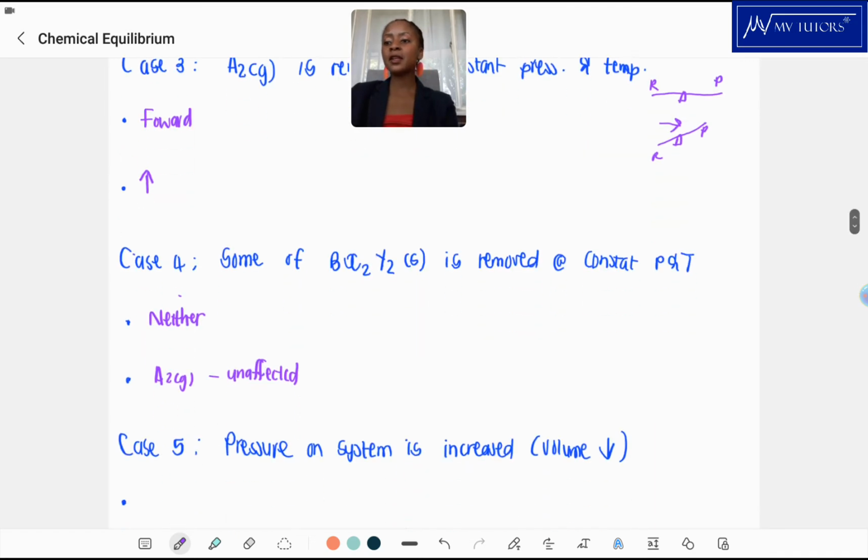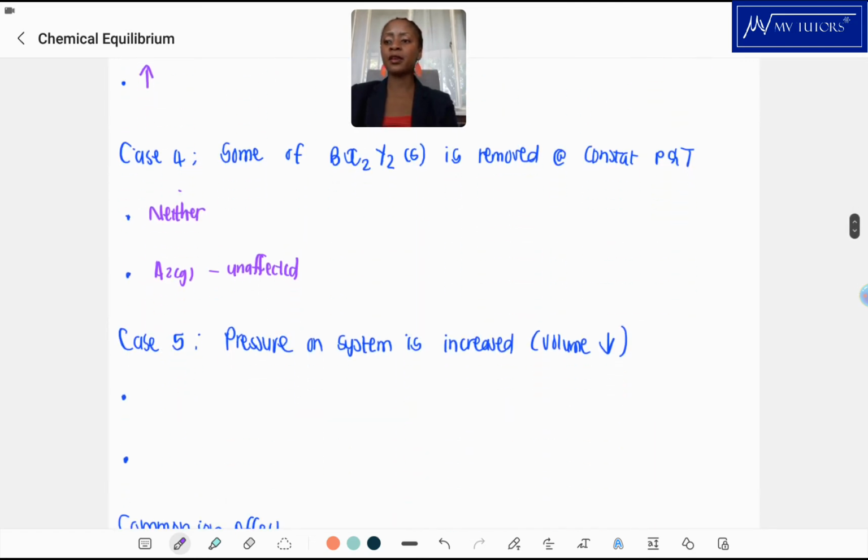Lastly, case 5. Pressure on the system is increased, or alternatively we could say the volume is decreased. In an exam they won't tell you that increasing pressure means volume decreases. You should know that. For as long as the volume is decreased, I'm going to look out for the side with the least number of moles.